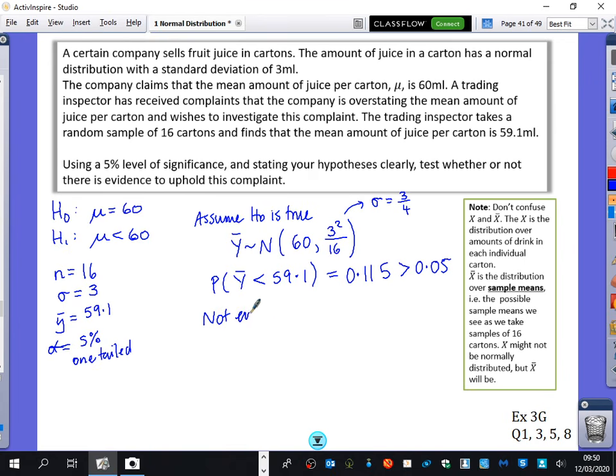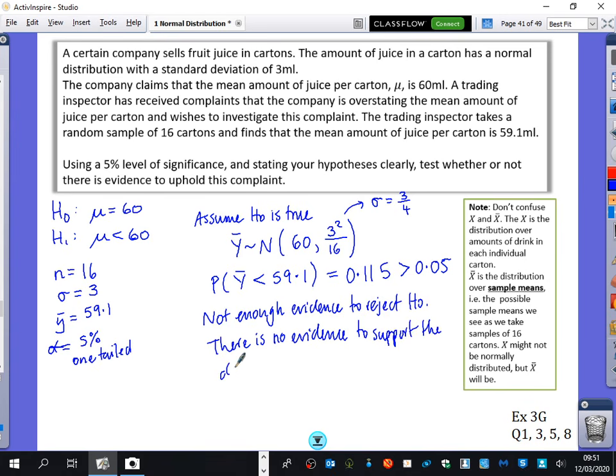So not enough evidence to reject H0. There is no evidence to support the claim that the amount of juice is less than 60 millilitres.